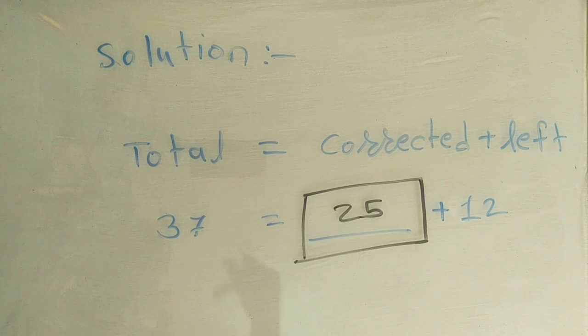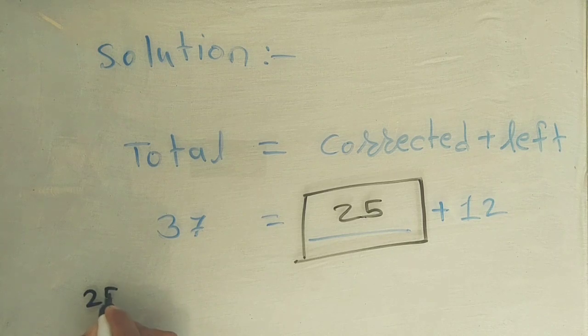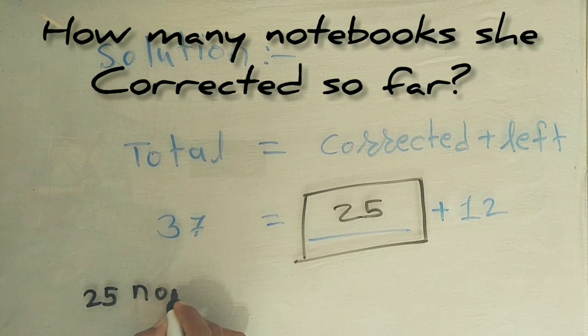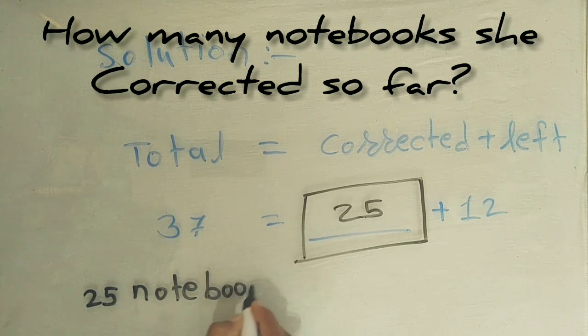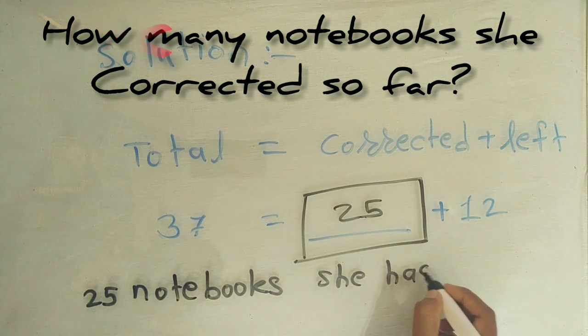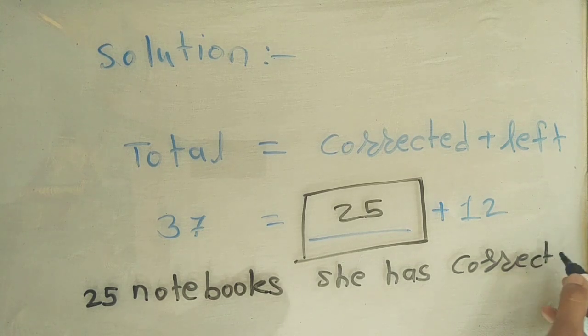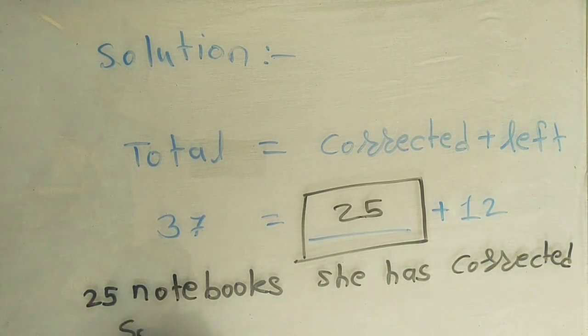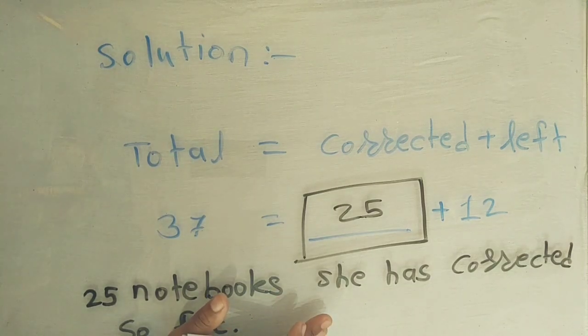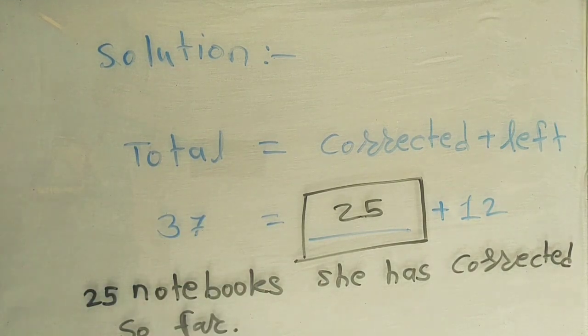So instead of how many, we will put this value. 25 notebooks she has corrected so far. Okay, this is our answer. Like this only you should find the answer and you should write the solution of such word problems. Okay, now I hope you have understood how I am solving this, and it's helpful to you.